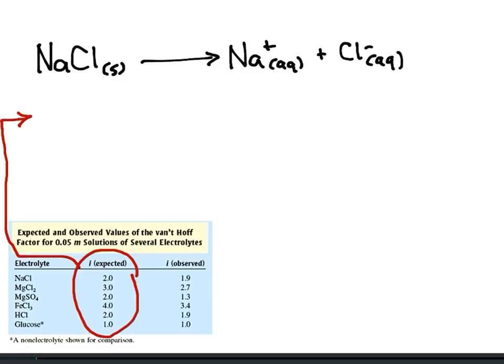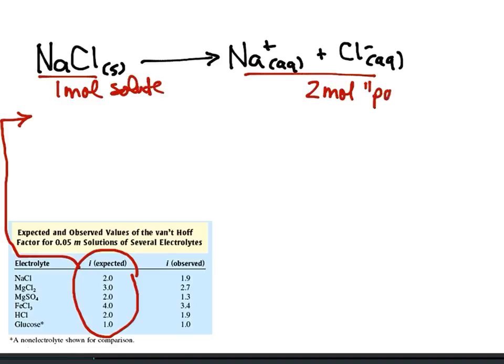That means that it forms 2 ions per formula unit, which means it has 2 moles of ions per mole of solute. So we have 1 mole of intact solute, 2 moles of particles, quote particles, which is our generic word for ions, which means our Van't Hoff factor is 2, right? 2 moles of particles divided by 1 mole of intact solute.